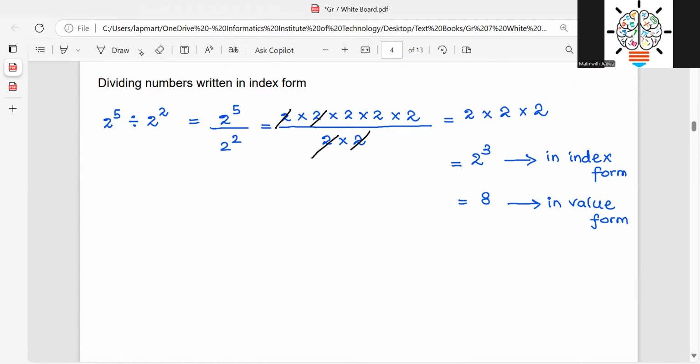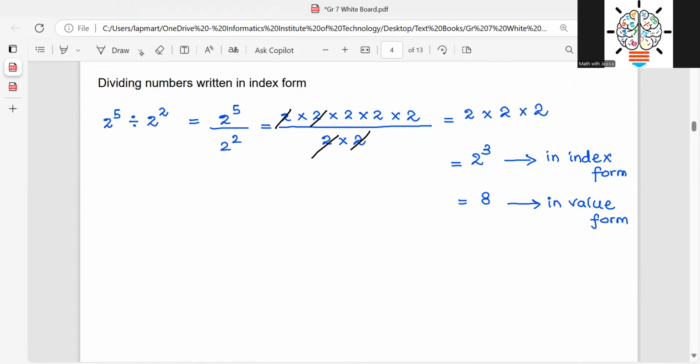No, we do have a different approach for this one also, like we had in multiplication. When you have the division, when you have the same base value, you subtract the indices.